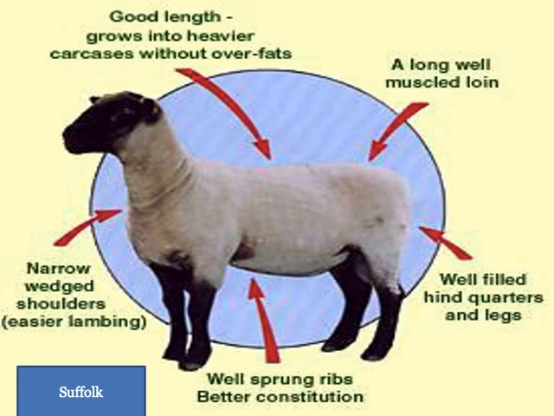Now on to the Suffolk then. As you might have guessed, the Suffolk is coming from England, and you can see there that it has black head and legs. This breed is known for its excellent conformation. You can see the narrow wedge shoulders, which are great for lambing, and then nice long muscly loin, great for chops, and then well filled out hindquarters as well.